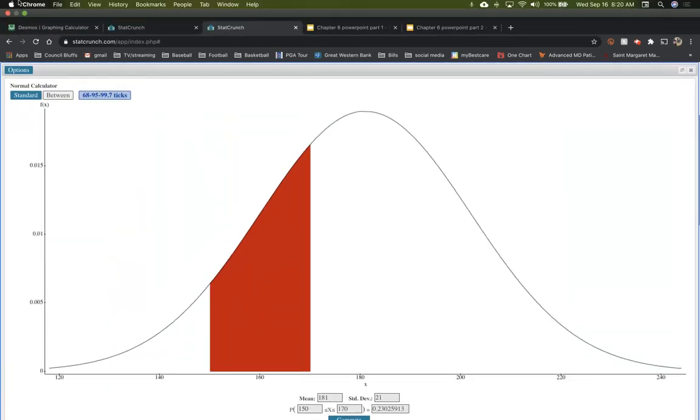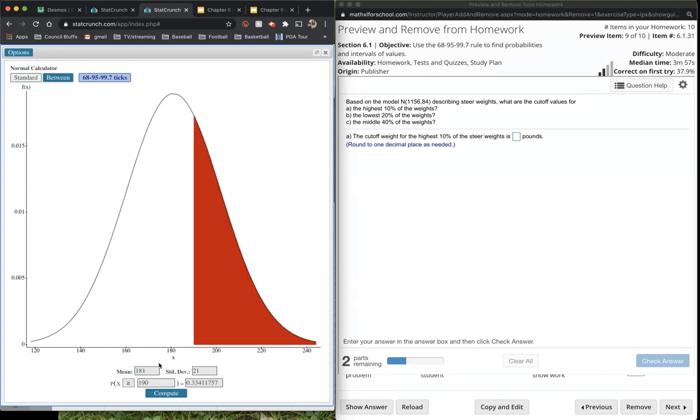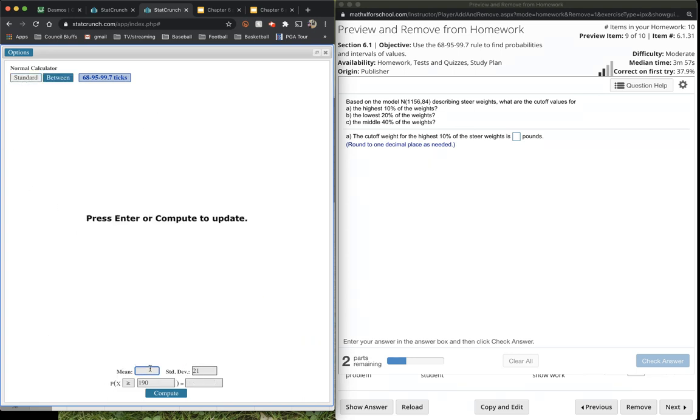So what do I mean by that? So first of all, even though it doesn't expressly state it, this number here, the 1156, that is the mean. The second number, the 84, that is the standard deviation. So we put that in for mean and standard deviation.